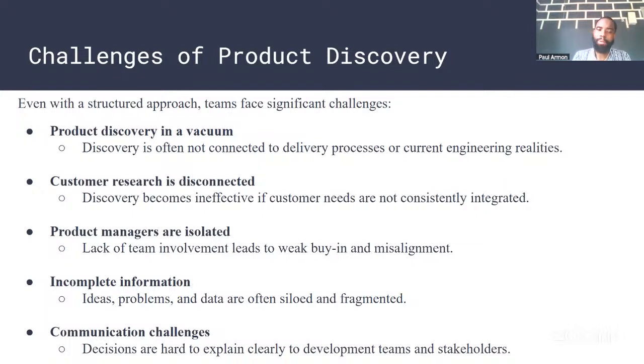And the fourth one is incomplete information. If you work in an organization where ideas come from top management down, and most top management are not really involved in day-to-day responsibilities, the information you might need to complete your product discovery might be delayed.